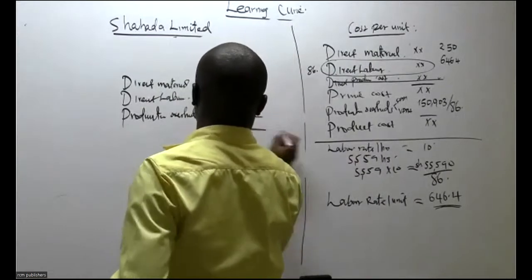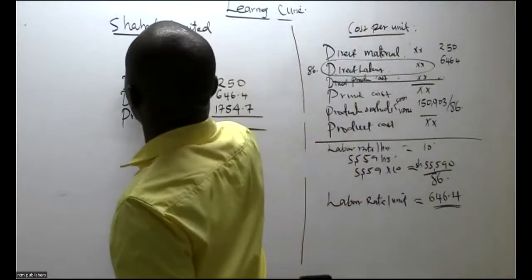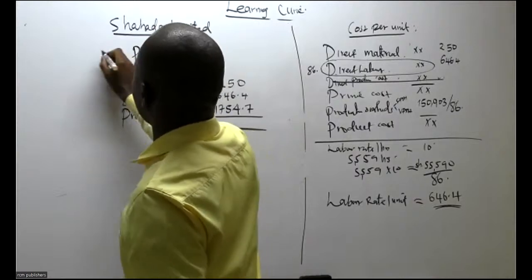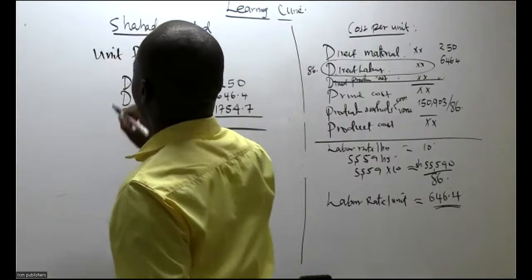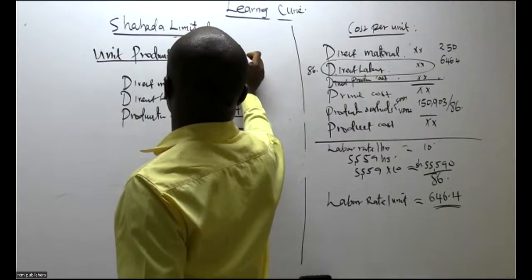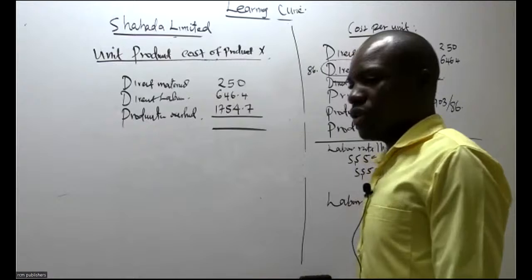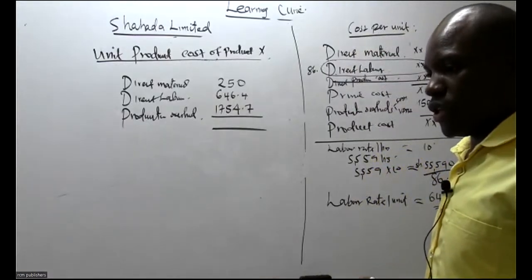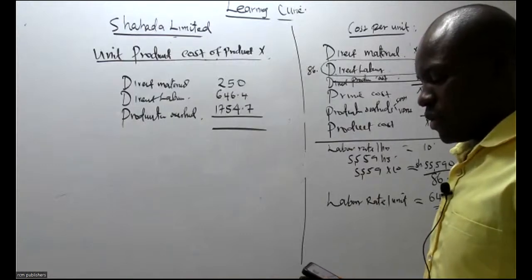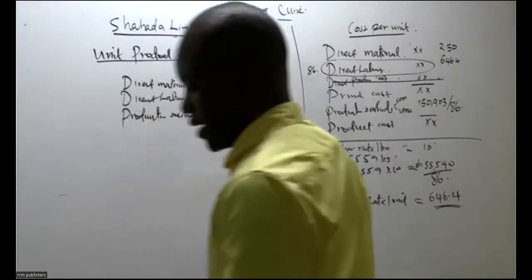When we add all that, what will you have? So just say unit production cost of product X. Tunapata ngapi total? Let's add that.